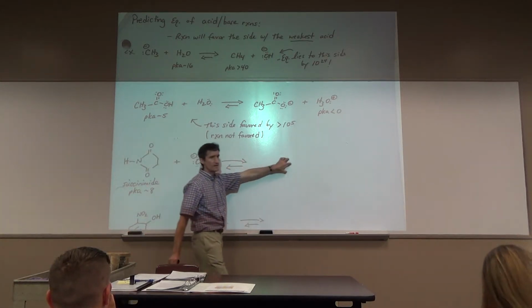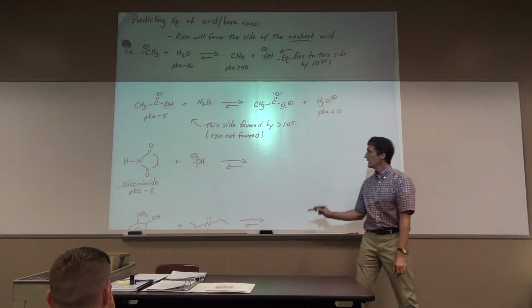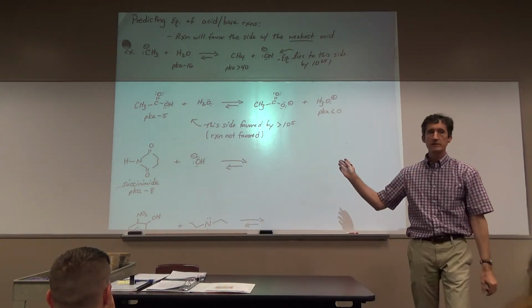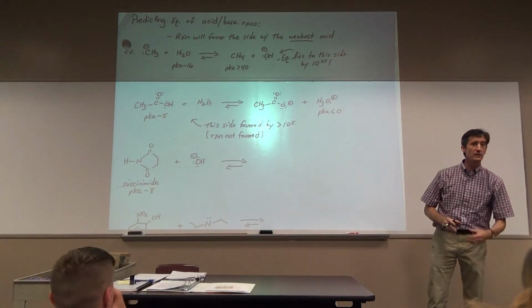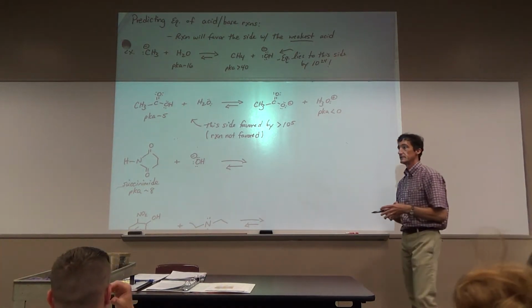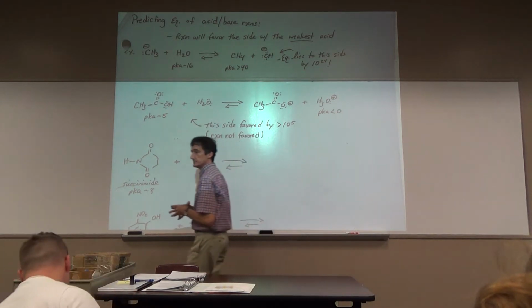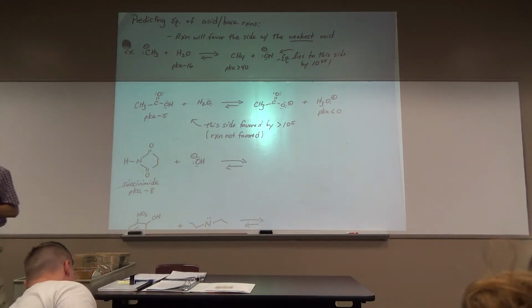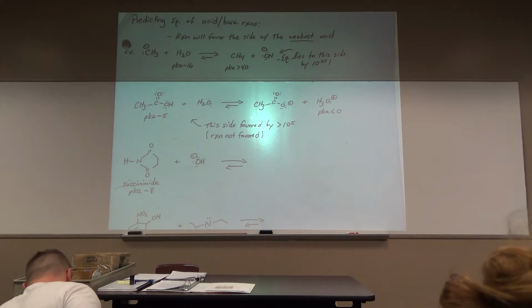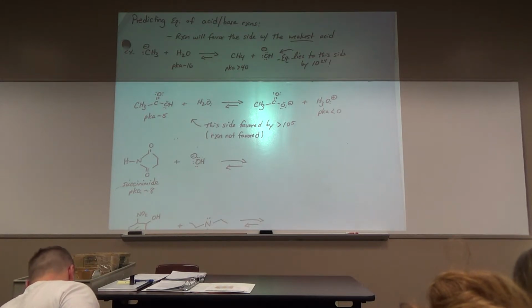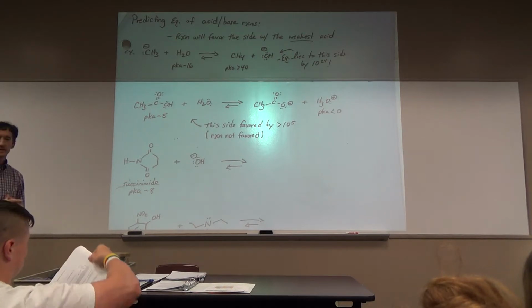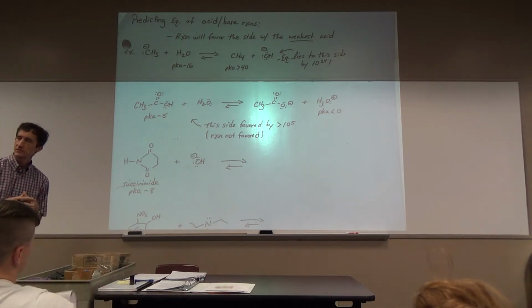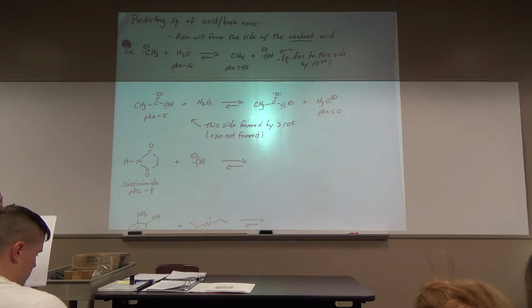Show the result of this acid-base reaction. Predict which side is favored and by how much. Show the results of the reaction and then which side is favored by how much.